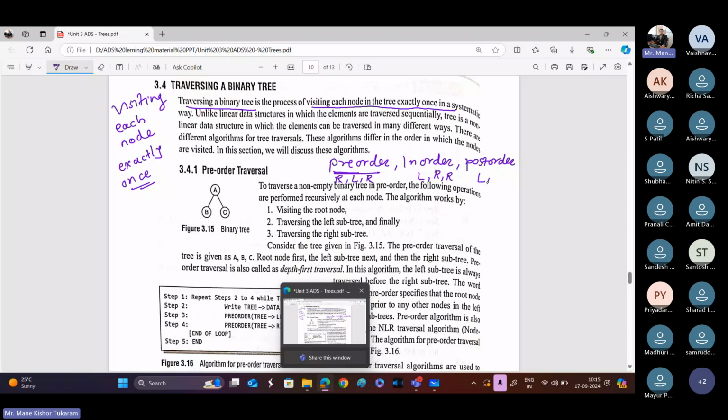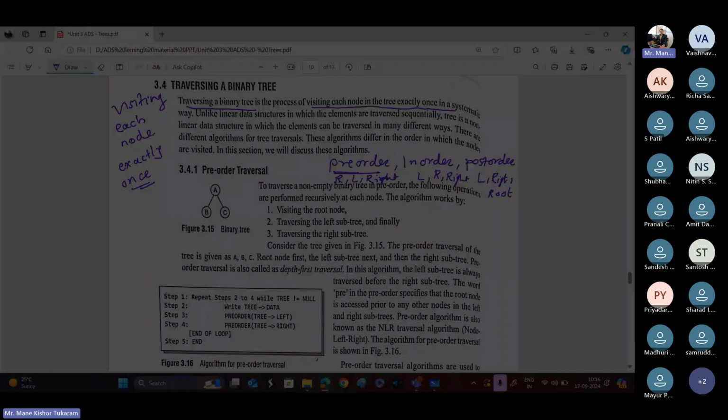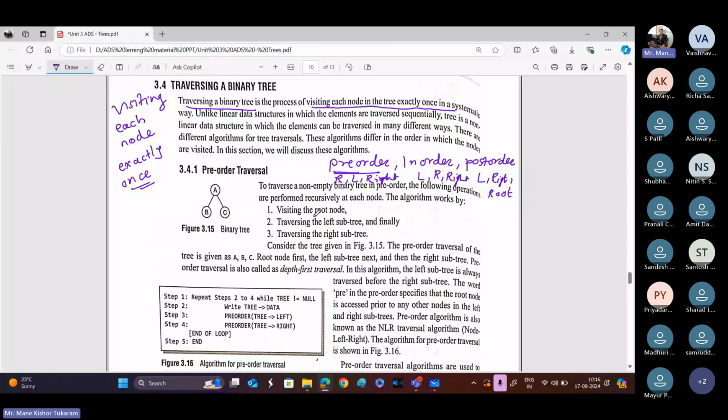So first left, then right, and then root. Okay, so these are the particular three types related to the tree traversal. Okay, so let's see one by one.